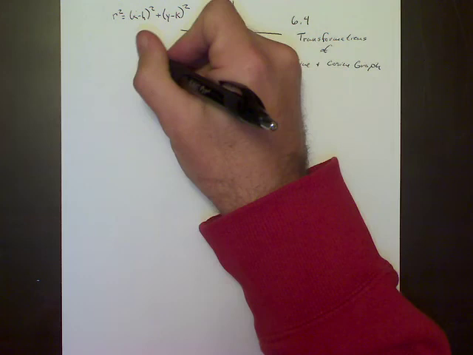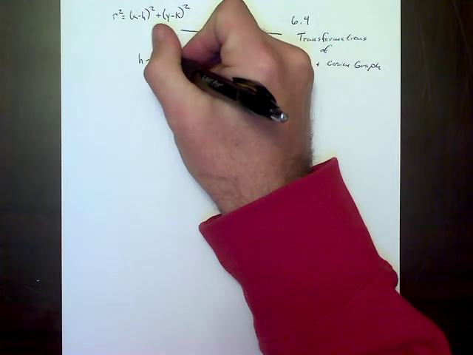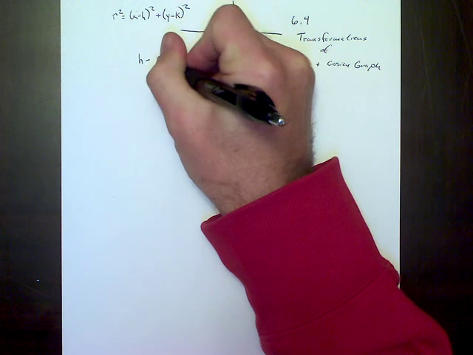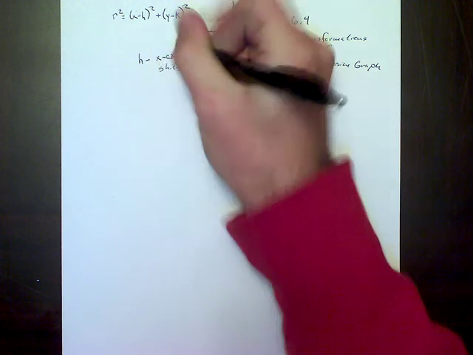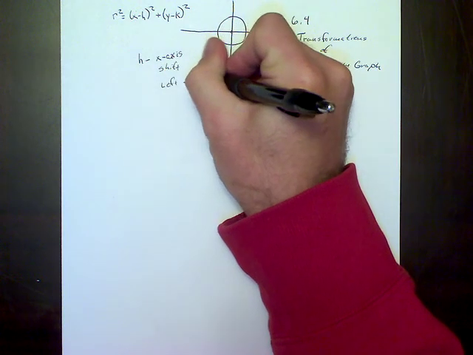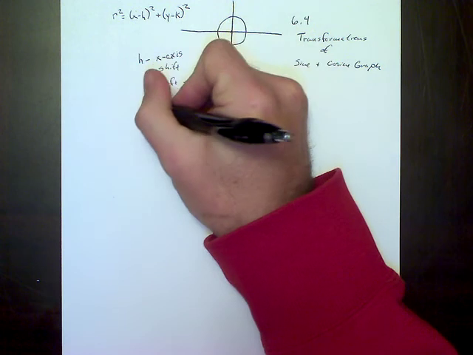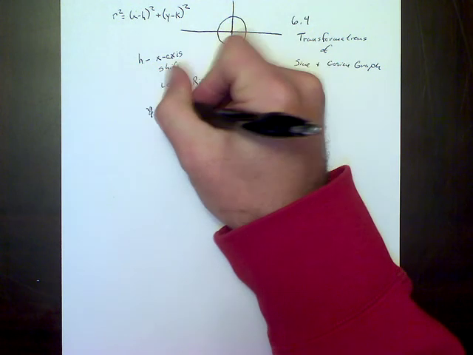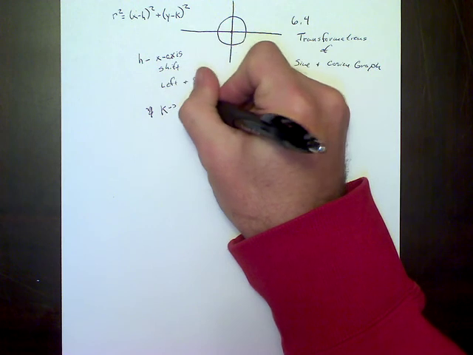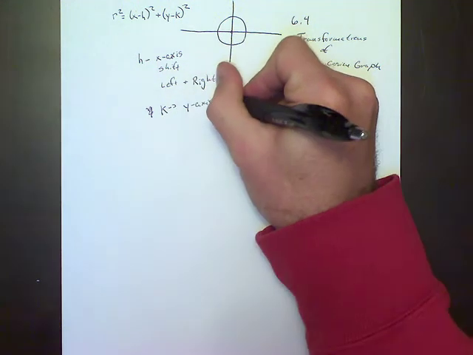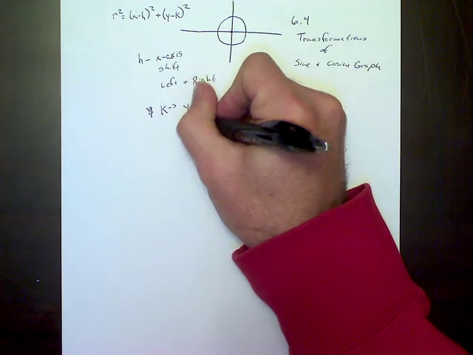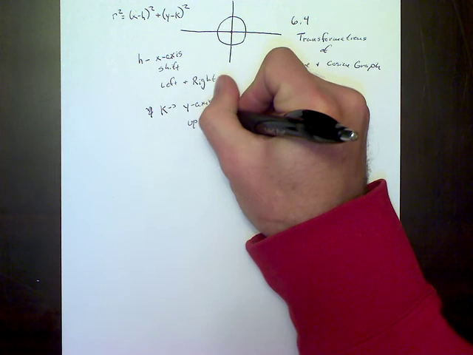So h was the shift along the x-axis, so that was left and right, and then k was your y-axis shift, and that would move your figure, in this case the circle, up and down.